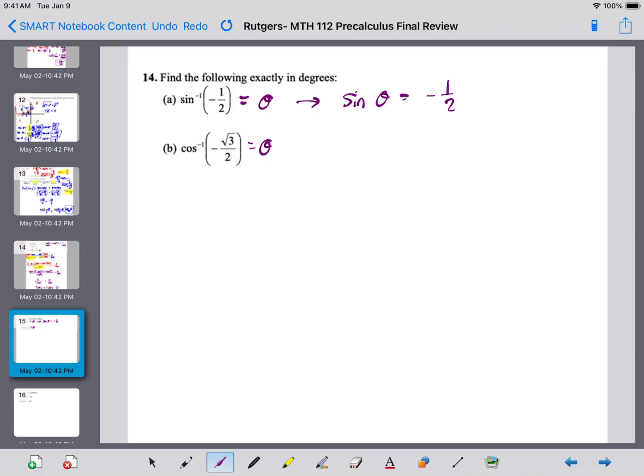So I have to think to myself, when does sine equal negative 1/2? Well, we know that on a unit circle, sine is the second set of values, the y values, right? So it goes 3, 2, 1, 1, 2, 3. So we said the 1 first, right? So that is for pi over 6.